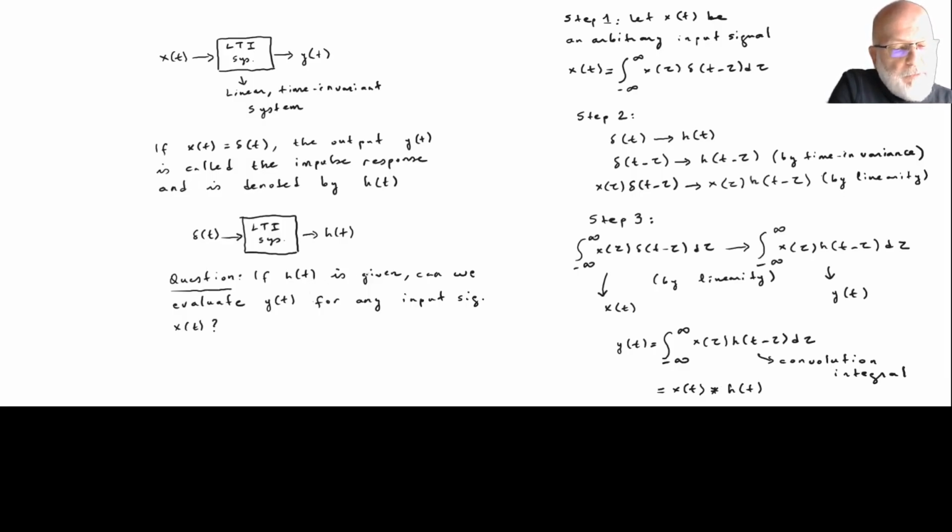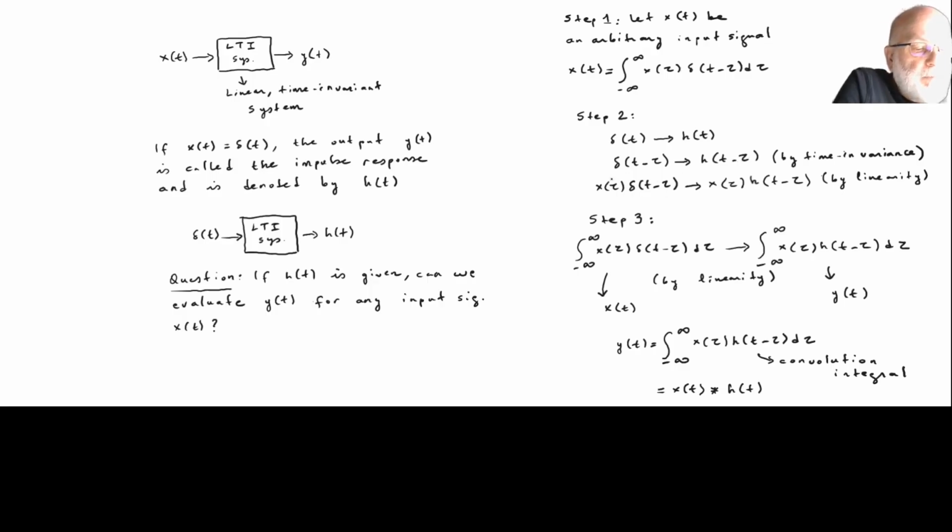That means if h of t is given to us, then we are able to evaluate the output for any arbitrary input signal by following these steps. The idea behind all this derivation, which is very simple and straightforward, is the following. Any arbitrary input signal can be represented as a superposition of shifted impulses. Now, we know that our system is linear and time invariant. So the impulse will give us the impulse response. The shifted impulse will give us the shifted impulse response.